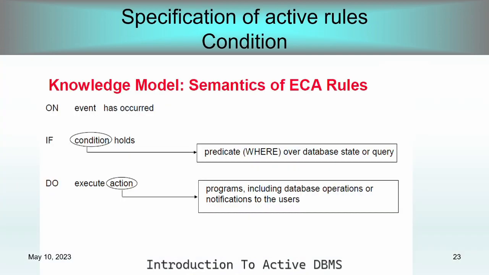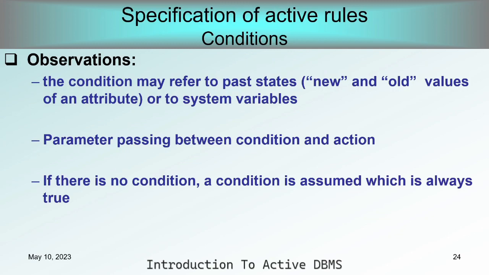So knowledge model of ECA rule, here you could see condition. So predicate is basically you could see condition is defined with where clause which executes on your database, and action needs to be specified on your program which includes database operation or notification to the users. So the observation over here is that the condition may always refer to the past state.